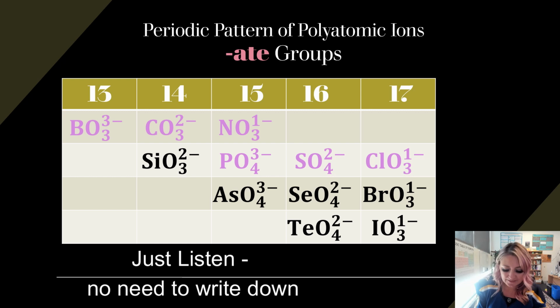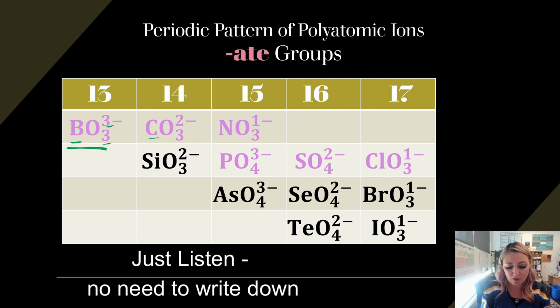All right, let's look at a couple patterns in charges and the number of oxygens. The polyatomic ions, the ATE groups that are in purple, are the ones you're going to come in most contact with throughout this class. I just included the other ones for some pattern purposes. Let's start in the upper left-hand corner. In the boron family, you have 3 oxygens and a -3 charge.